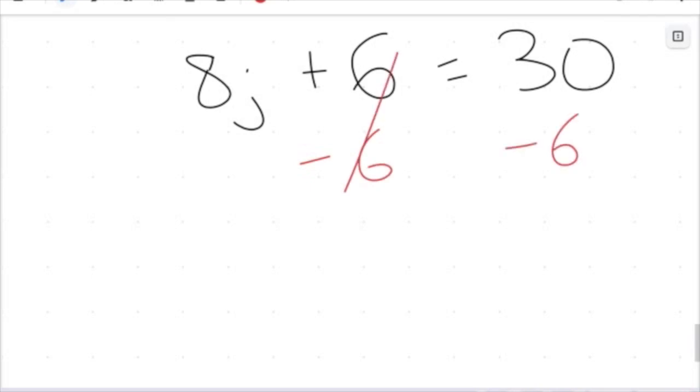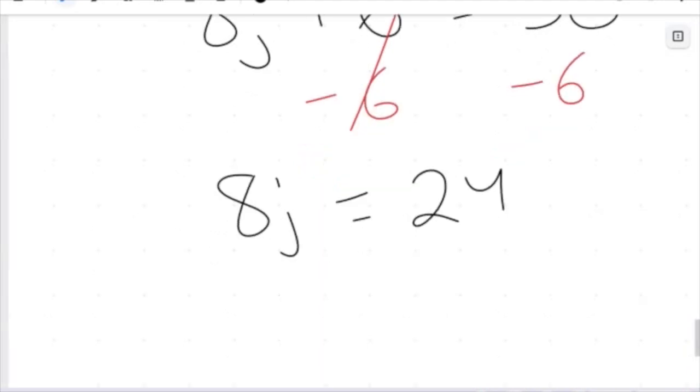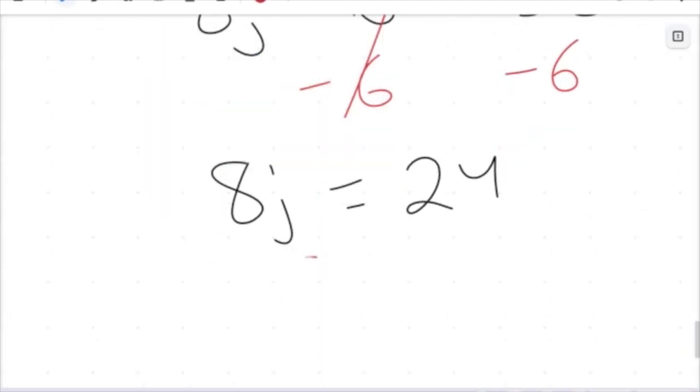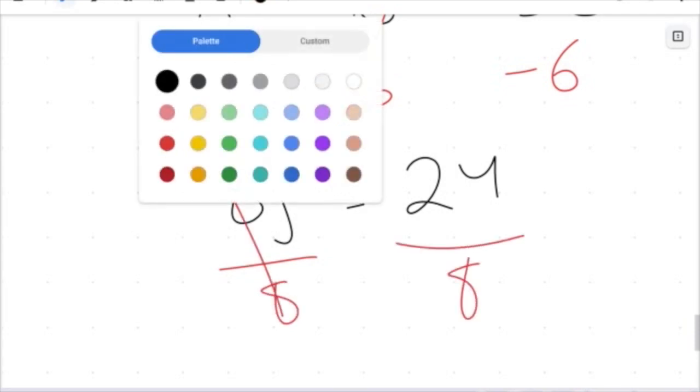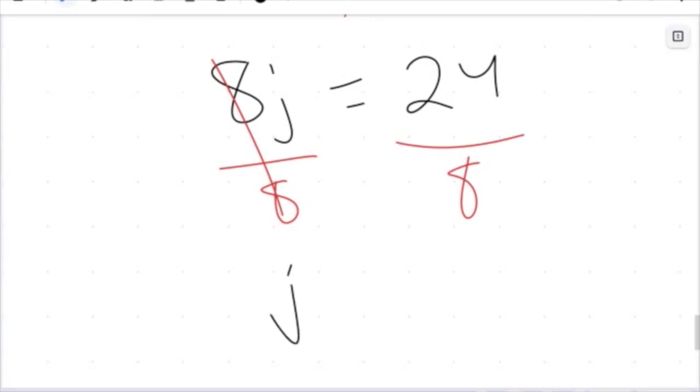So I'm going to subtract 6 from both sides here to get 8J on its own. That gives me 24. And dividing both sides by 8, that gives me my value of J. So that's 24 divided by 8, so that's going to be 3 here.